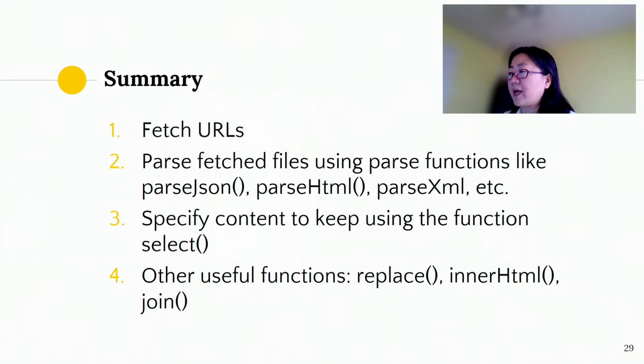Then we can specify the content we're interested in. Let's say we can just put the key of the JSON object key value pair, and also we can use the select function in the HTML file. Some other useful functions we can use are replace, innerHtml, and join.